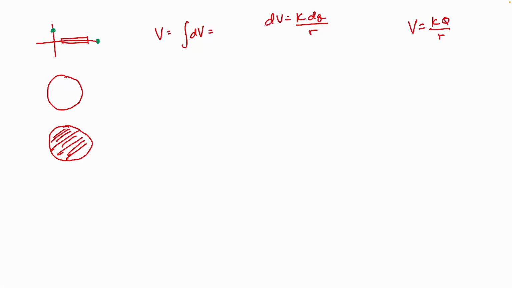There's no vectors in it, but you still need to find R, the distance, in an integral. So the dq is going to be equal to lambda dx in this case.